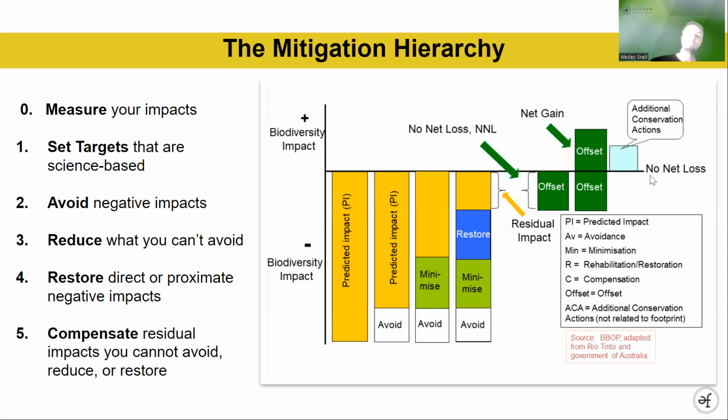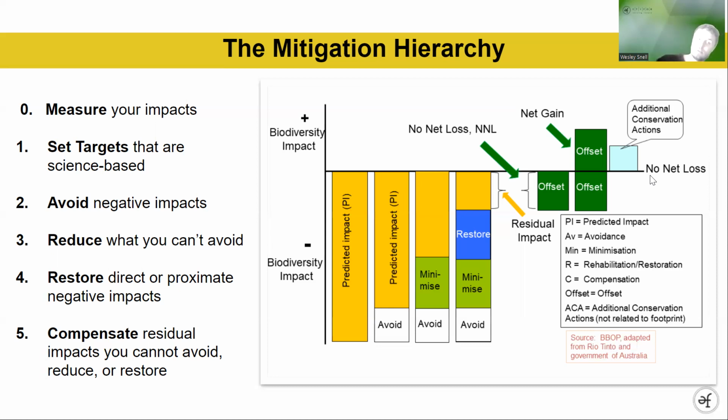Then you try to minimize or reduce what you can't avoid. This could be, for example, reducing your emissions intensity or your water consumption intensity. So you say we have to engage in these actions for our business to be viable, but we will streamline, say, our manufacturing process to produce the same amount, but use less water or less emissions, as an example.